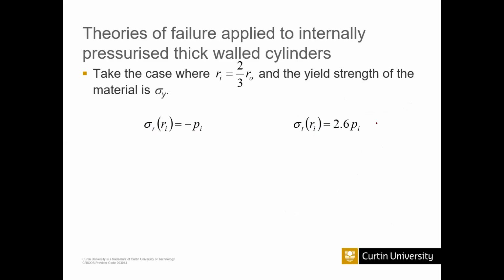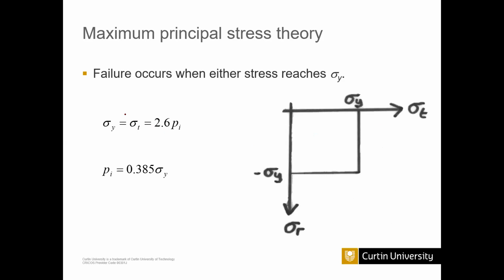If tangential stress equals the yield strength, then definitely failure will happen. If not, you don't need to worry about the radial stress, because it is less than the tangential stress. That's why we consider the tangential stress and yield strength.